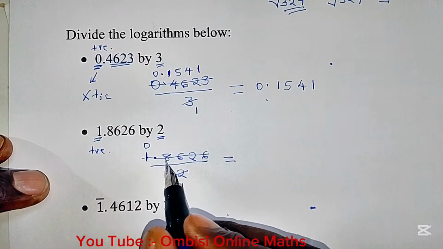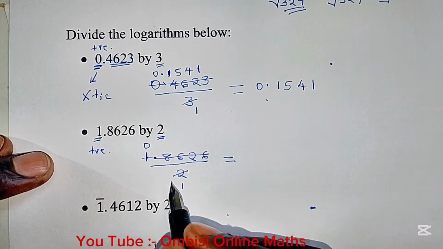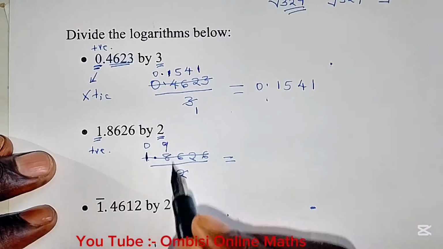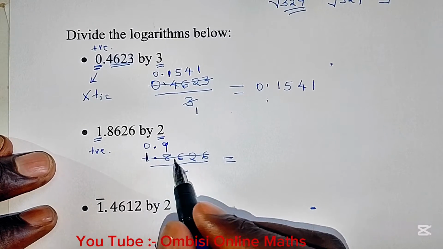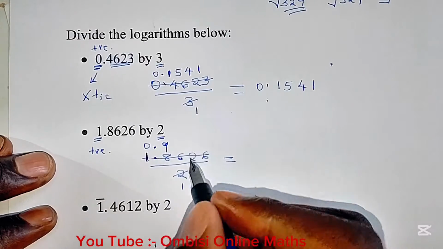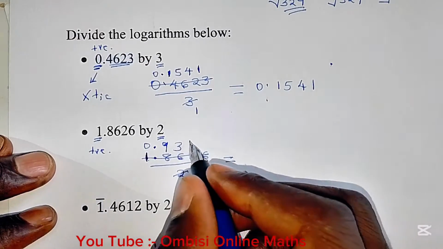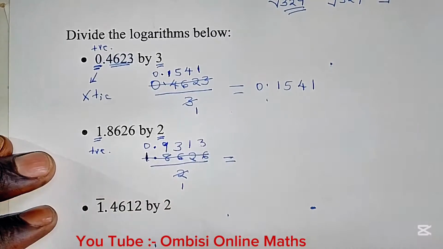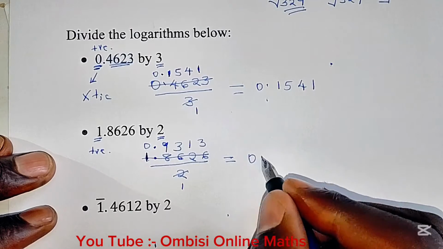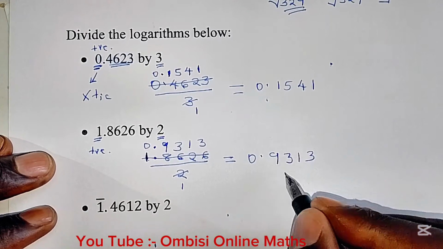Carry 1 to the next decimal place, it becomes 18. 2 into 18, 9 times, so it is 0.9. Then 2 into 6, it goes there 3 times. 2 into 2, it is 1. Then 2 into 6, it is 3 times. So the number becomes 0.9313.